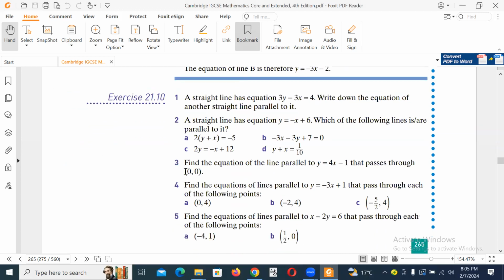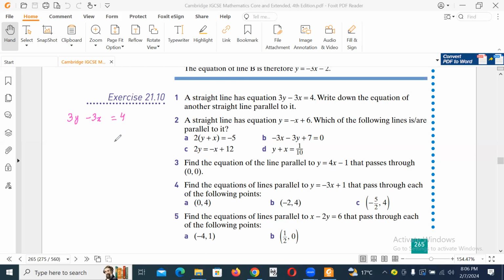Here they want us to find out, a straight line has an equation 3y minus 3x equal 4. Write down the equation of another straight line parallel to it. So the first point is we have the given equation 3y minus 3x is equal to 4.